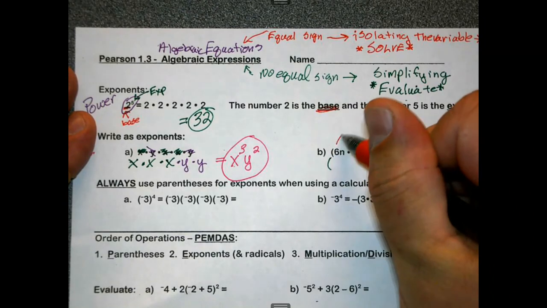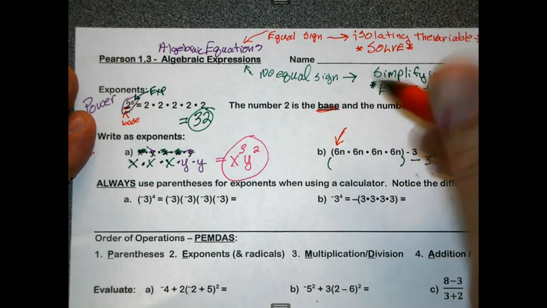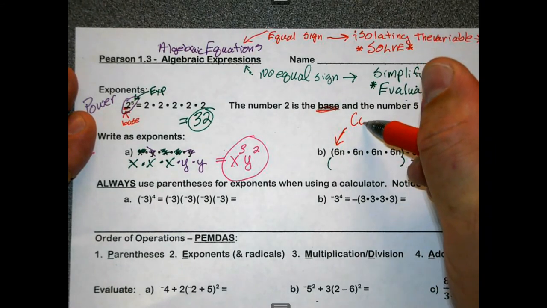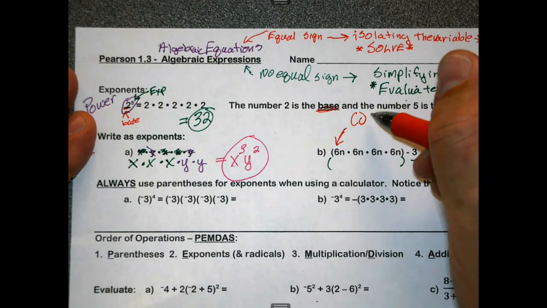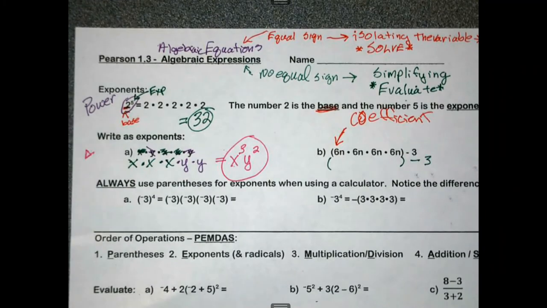So, by the way, do you know what that 6 is called? Coefficient. There you go. Good. Coefficient. Coefficient is a number being multiplied to a variable. So I'm going to group my 6's together.